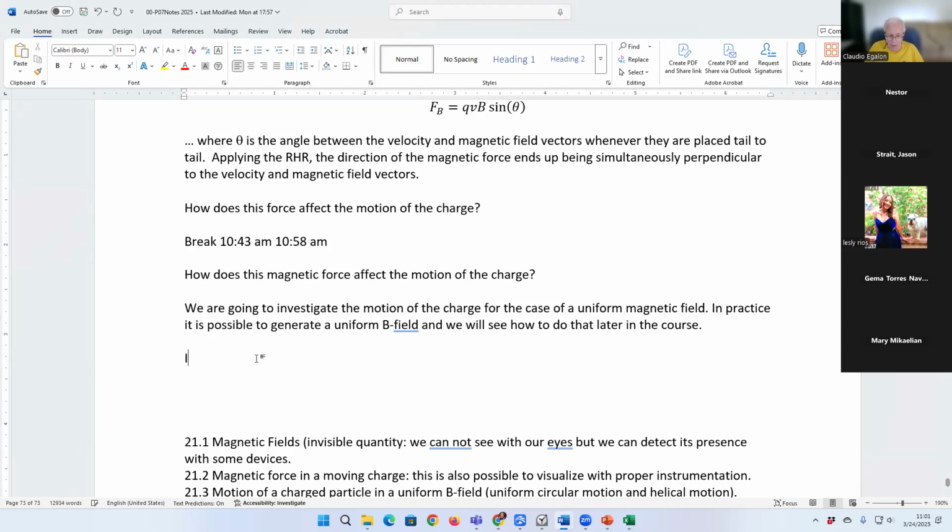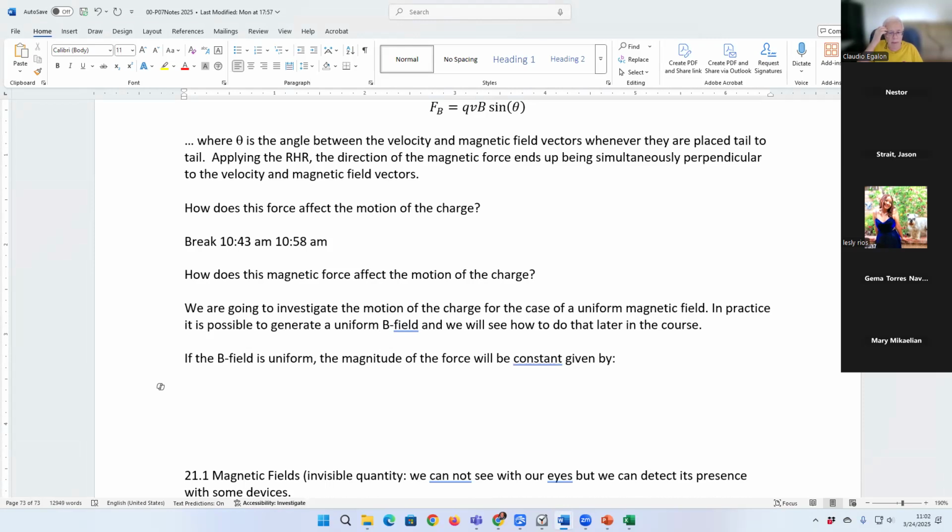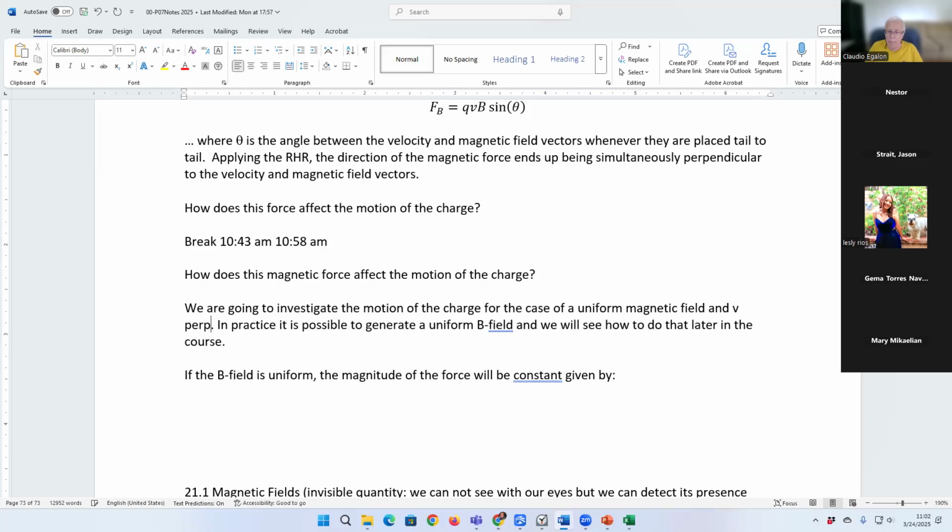So if the B field is uniform, the magnitude of the force will be constant. We're going to investigate the motion of the charge for the case of a uniform magnetic field that is perpendicular to the velocity.